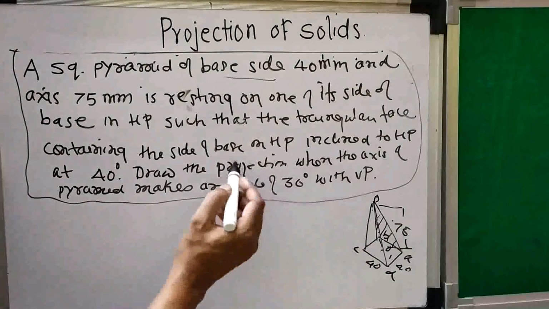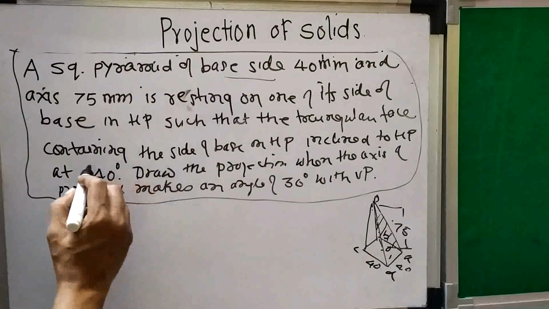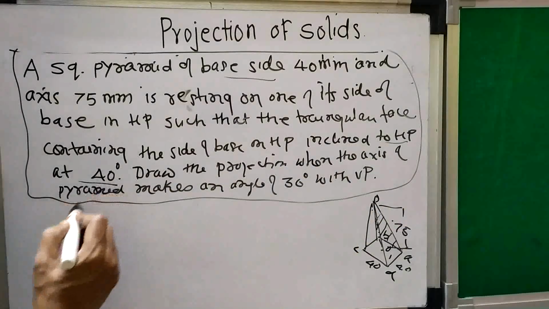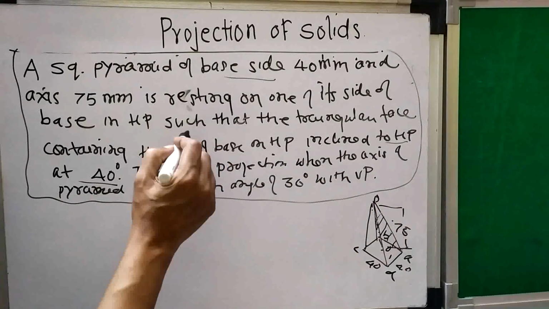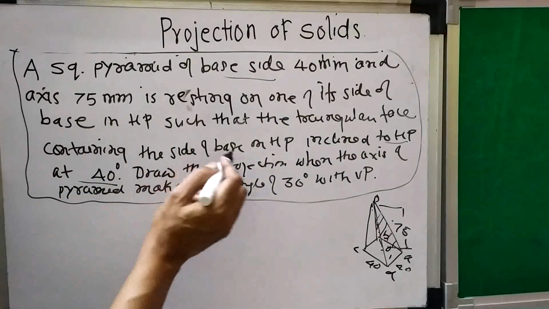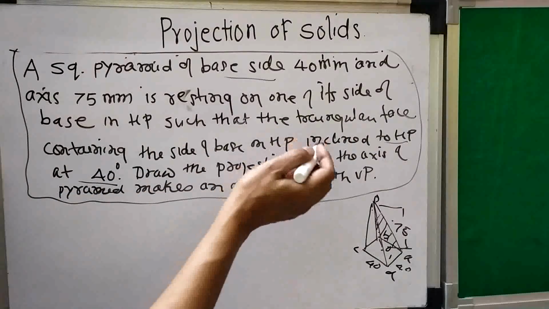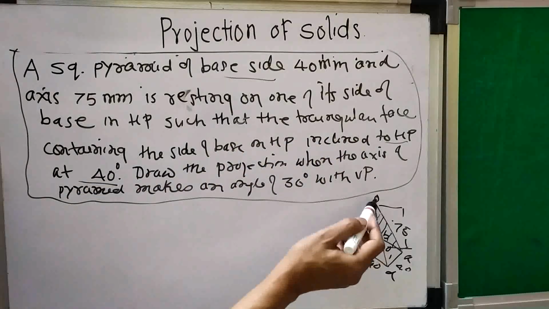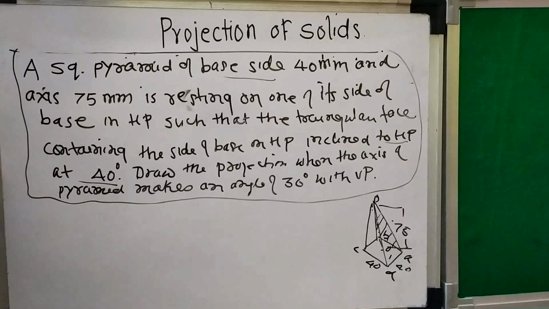This triangular face is inclined to HP at 40 degree, because in this problem it is given that the triangular face containing the side of the base on HP is inclined to HP at 40 degree. So this OAB will be the triangular face which contains the side AB on the HP.